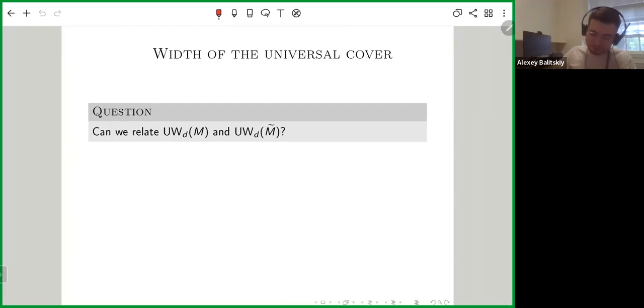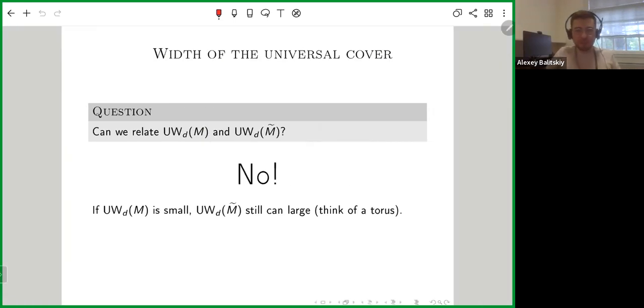One example to think of is a two-dimensional torus, and let's measure its one-dimensional width. For a small torus, the one-dimensional width is small, but the universal cover is just the whole plane, and it can be shown that the whole plane is not approximately one-dimensional. So at least one direction is false.